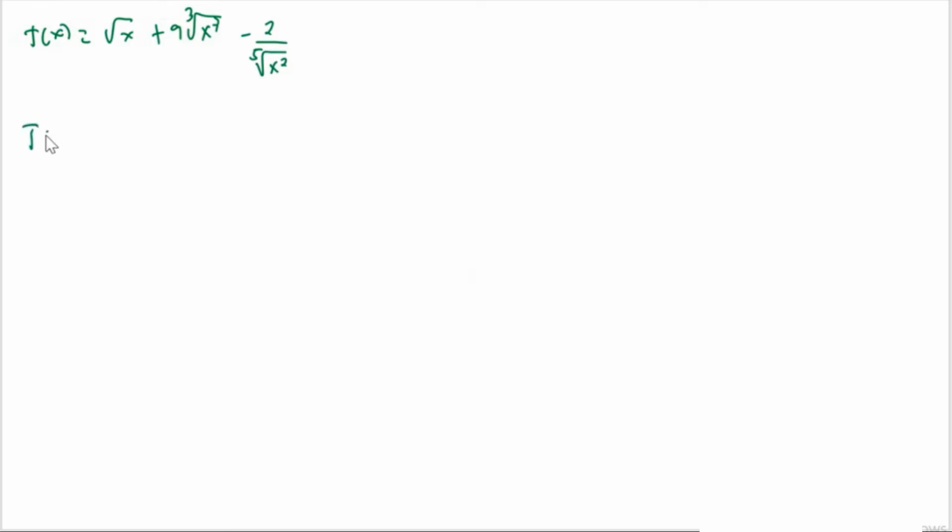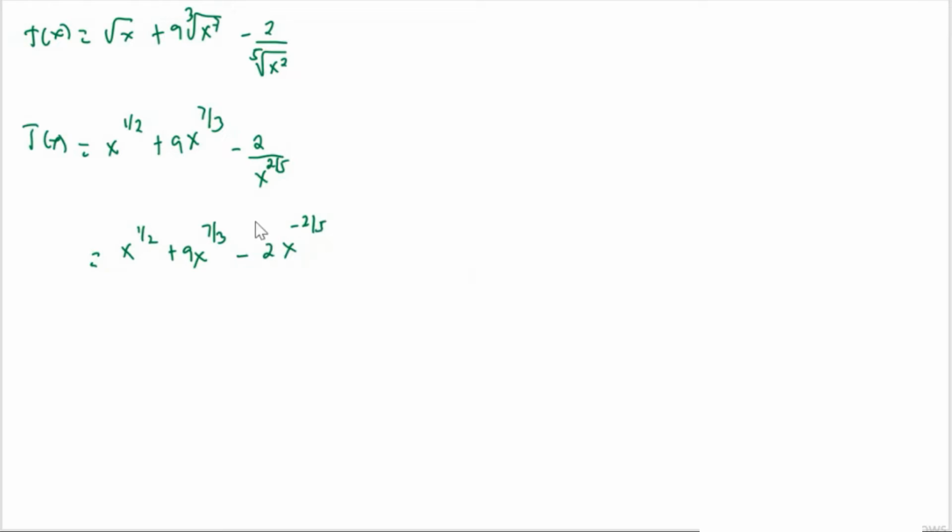So for the first term, the square root of x can be written as x raised to 1 half, plus 9 times the cube root of x raised to 7, which can be written as x raised to 7 over 3, minus 2 over the fifth root of x squared, which can be written as 2 over x raised to 2 fifths, or further as x raised to 1 half plus 9x raised to 7 over 3 minus 2x to the power of negative 2 over 5.